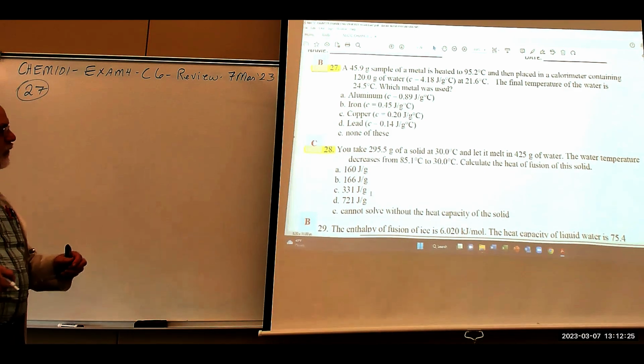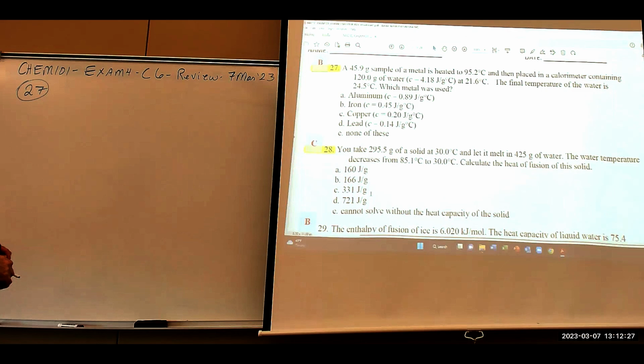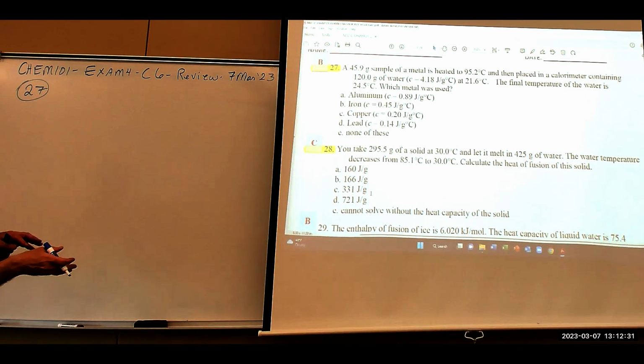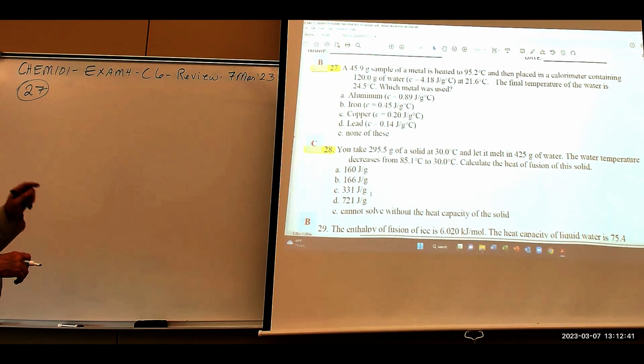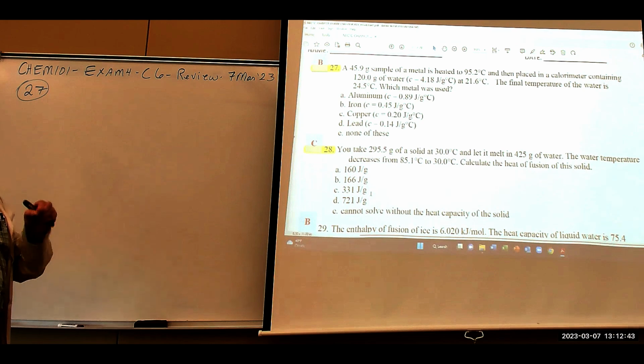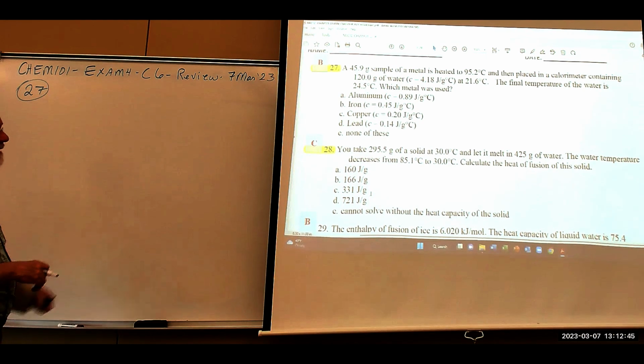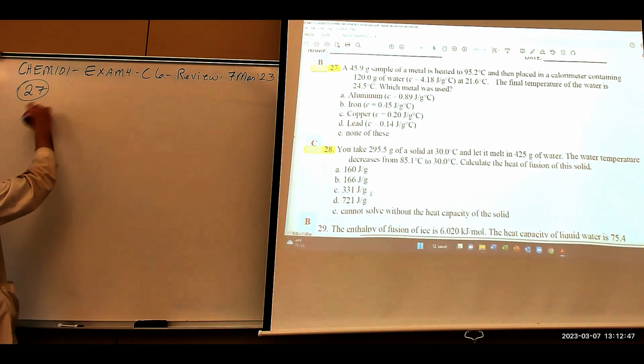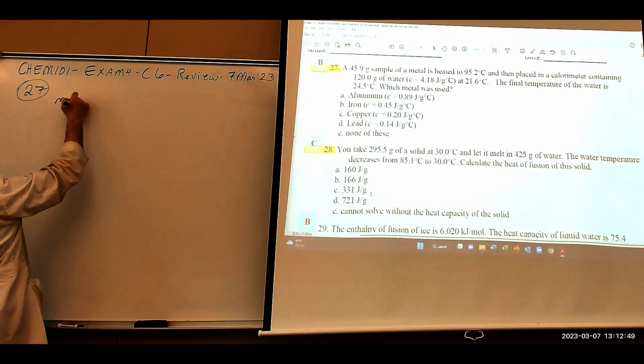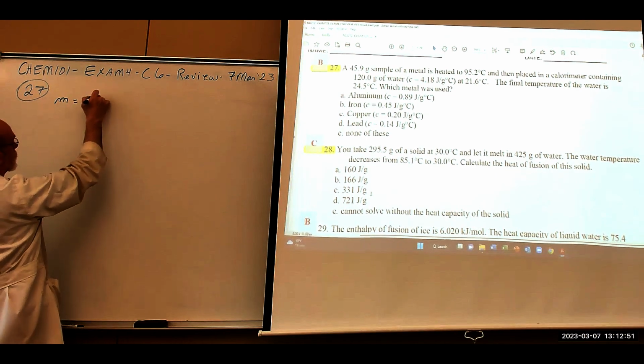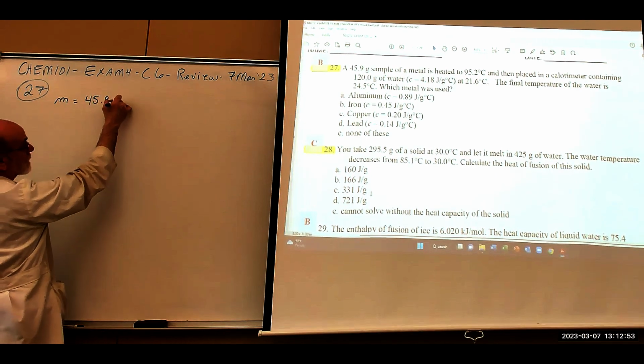All right, a 45.9 gram sample of metal is heated to 95.2 degrees and then placed in a calorimeter containing 120 grams of water at 21.6. The final temperature of the water is 24.5. Which metal was used? Right, so the unknown is going to be the specific heat of the metal. So we've got the mass of the metal equals 45.9 grams.